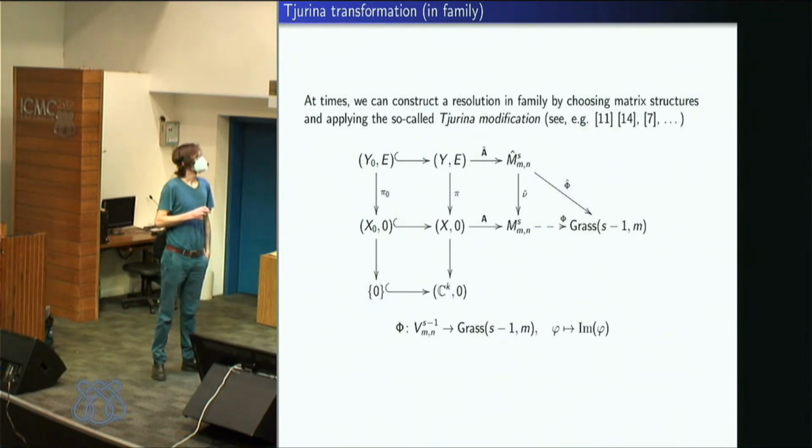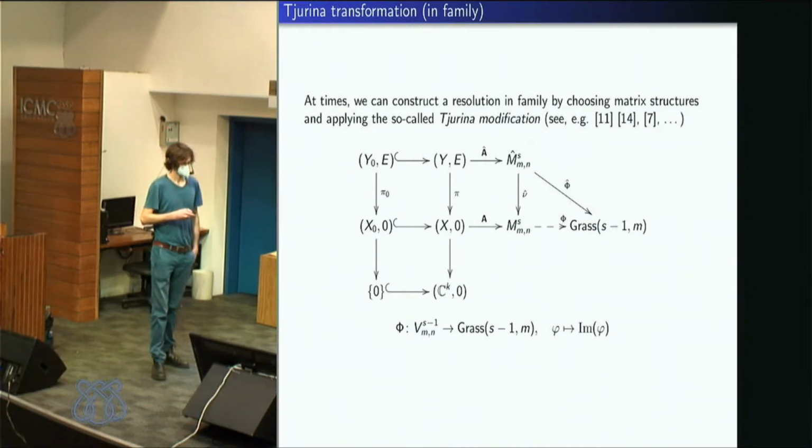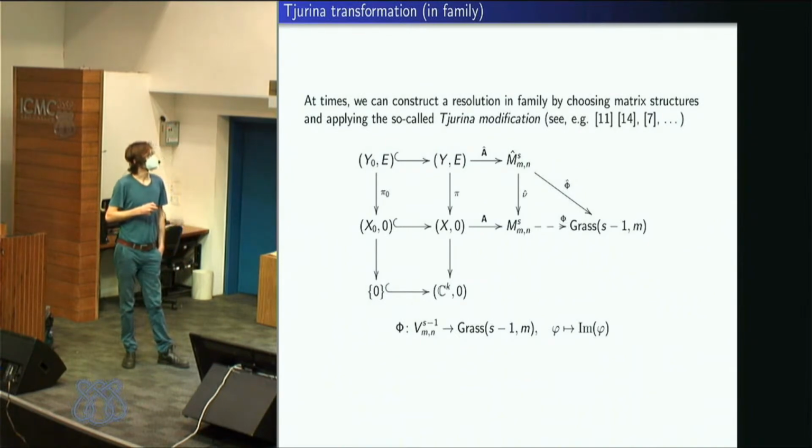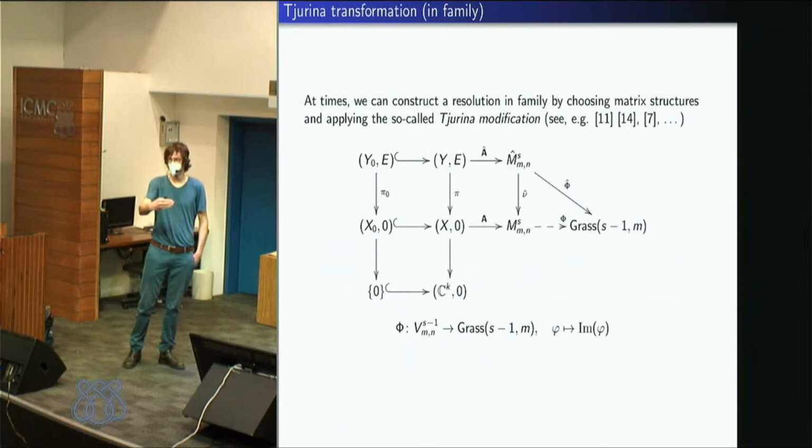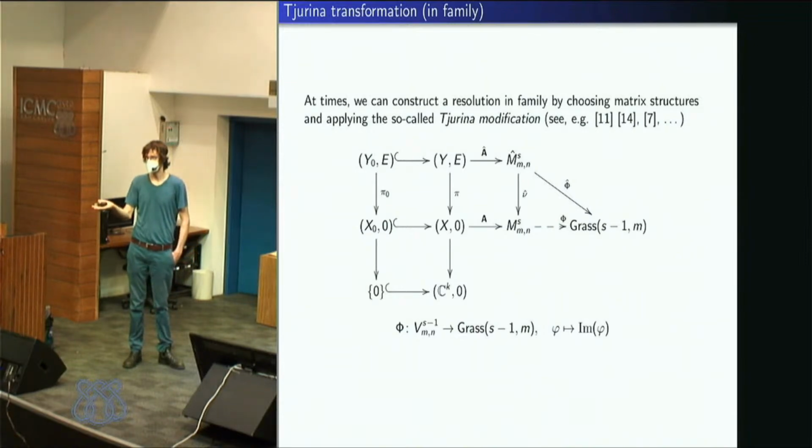So let's start here. You have the generic determinantal variety of m by n matrices with a bound on the rank s. So on a Zariski open non-singular subset, the matrices have rank precisely s minus 1. To any matrix here, we can associate the subspace that is spanned by the image, or alternatively the subspace given by the kernel.